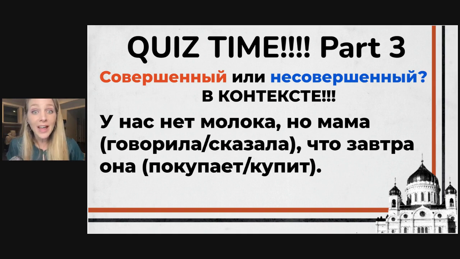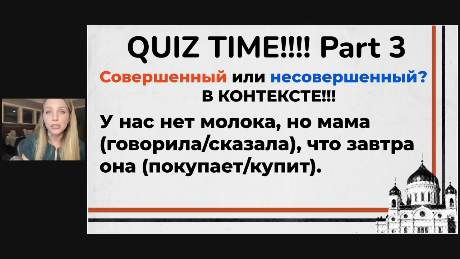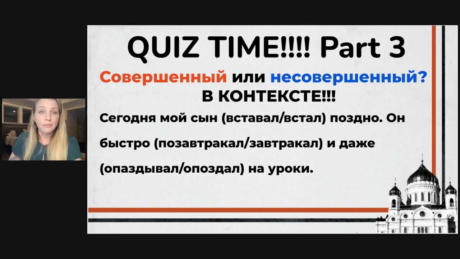She will do it, and then we'll have milk. Hooray, because there will have been a result to this action. So, у нас нет молока, но мама сказала, что завтра она купит. So, that she will buy it tomorrow. She will buy the milk tomorrow. And then we'll have milk, and everything will be great. Perfective, perfective. Очень хорошо.